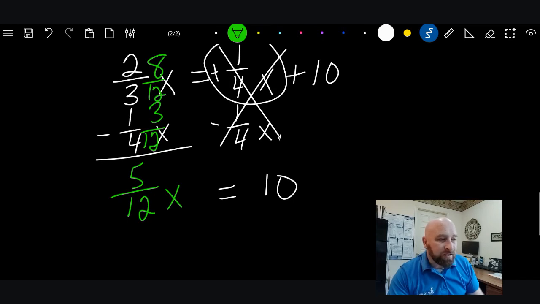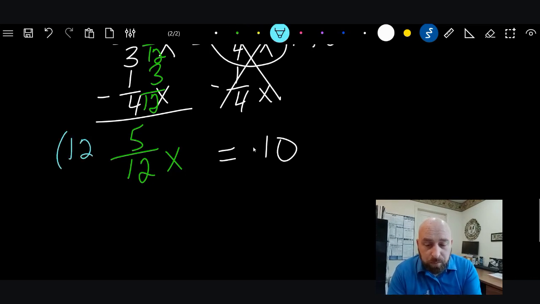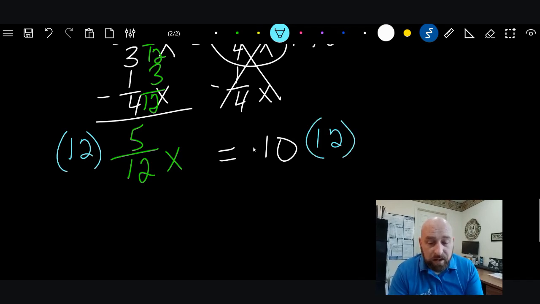And now there are 2 different ways to look at this. I'm going to show you a couple different things right here. Some of you like to get rid of the denominator here, and so you multiply both sides by 12. And I like that. That works out. Because watch what happens here, 12 over 1.